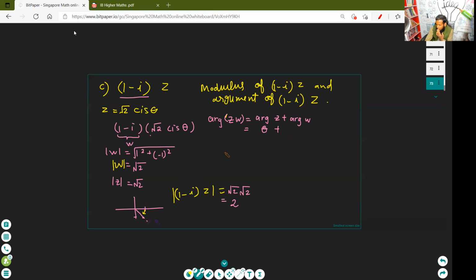Negative pi over 4. Yes, minus pi over 4. So it's theta minus pi over 4. Okay, good.